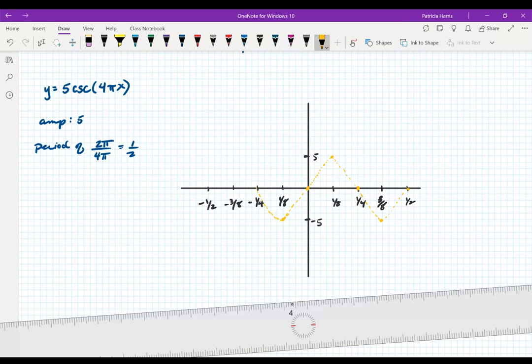These should be curved. They shouldn't be points. Again, where you're going to see your zeros, that's where your asymptote should be.